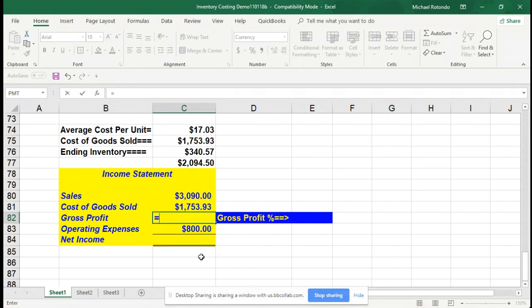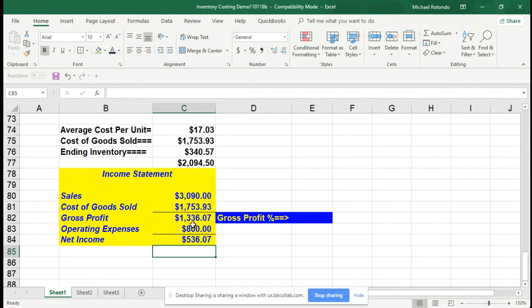So that gives us a gross profit, sales minus cost of goods sold, of 1,336.07, and will give us a net income of, which remember, net income is gross profit minus operating expenses, of 536.07. So that should be in the middle of the other two.